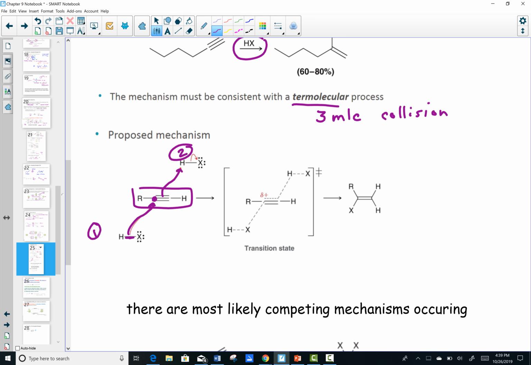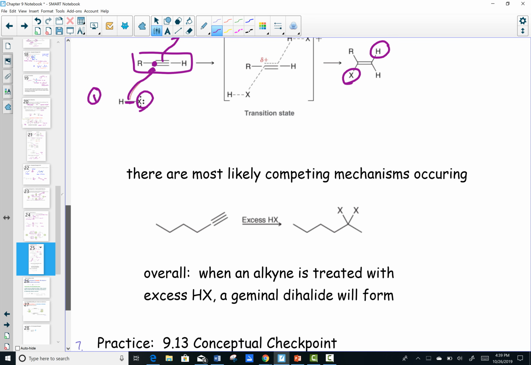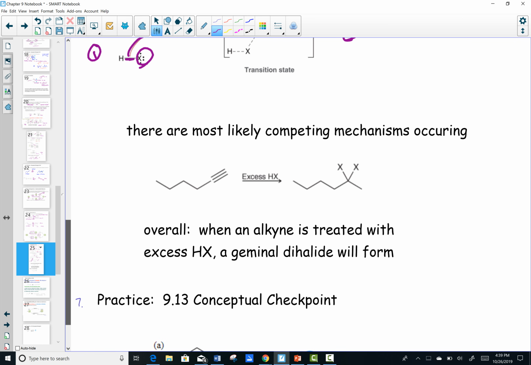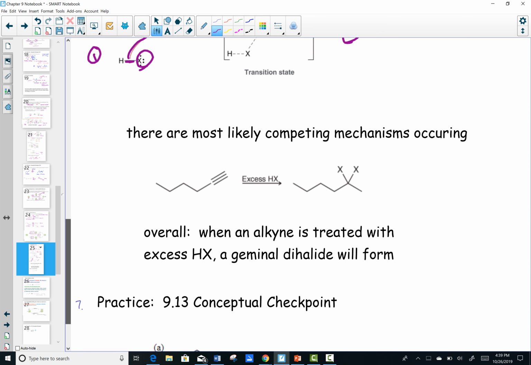So it's first order with respect to the substrate, the yne, the triple bond molecule. We go through a transition state where the H and the X add across the triple bond in that transition state. And this is just a proposed mechanism, but as the text was telling us, there are more likely competing mechanisms that are occurring. In the second step, we end up with the geminal dihalide, probably through a molecular equation.